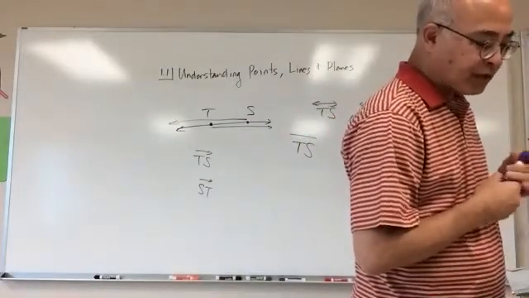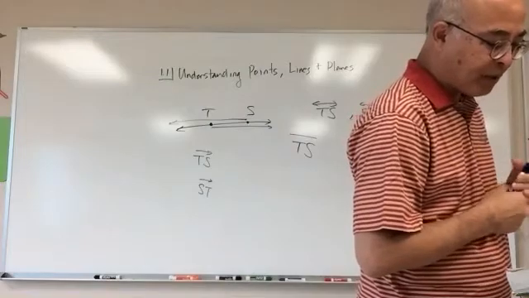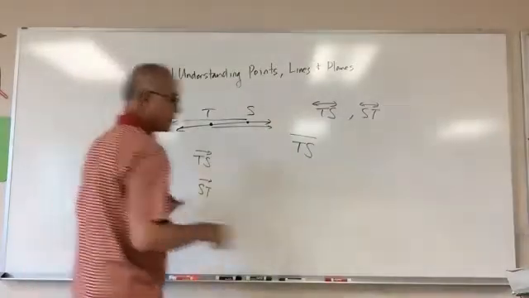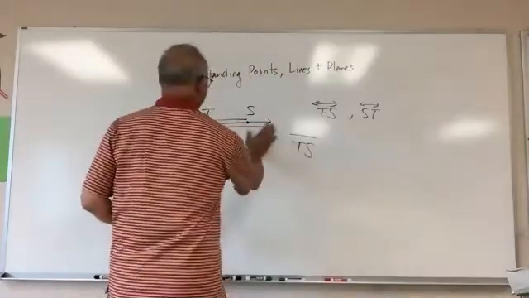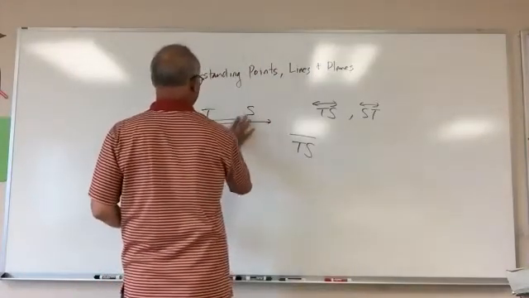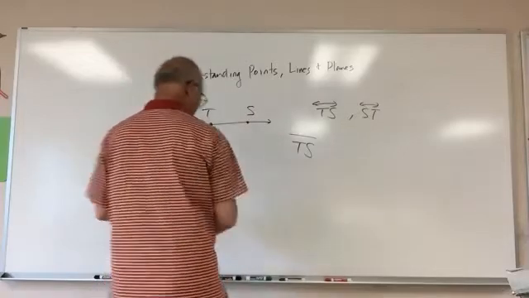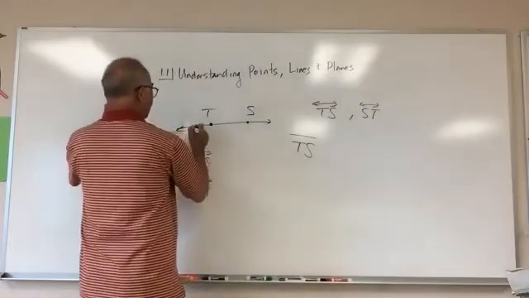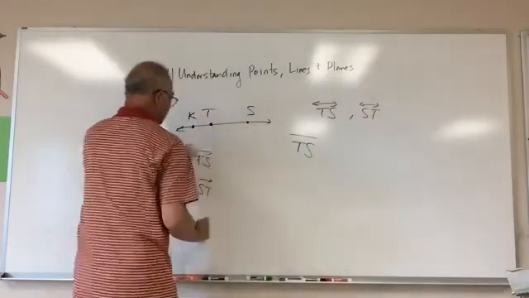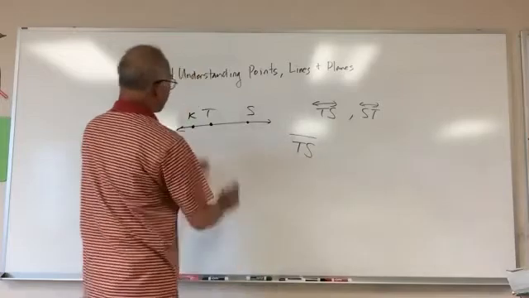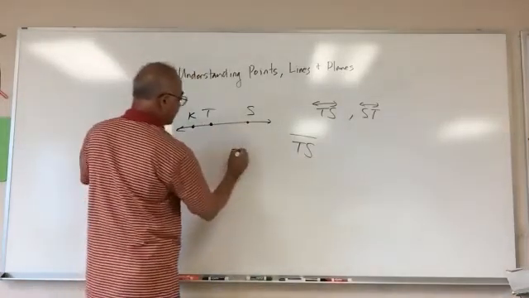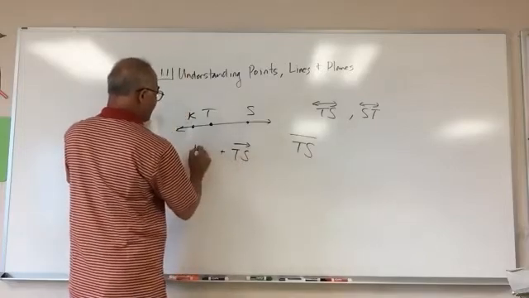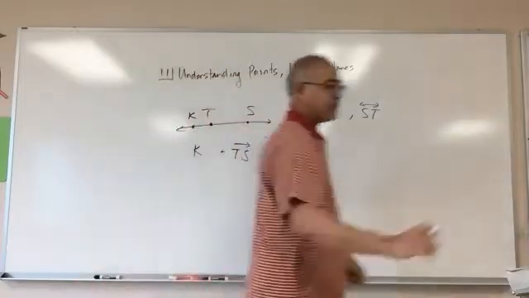Opposite rays are 2 rays that have a common endpoint and form a line. So opposite rays are going to look like this. We'll call this K. The opposite rays are going to have a common endpoint, TS and TK, right?